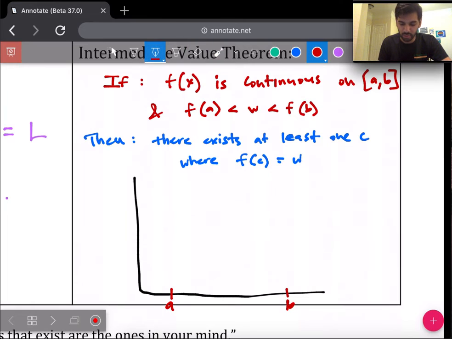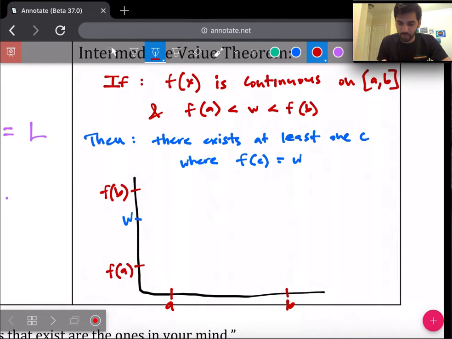So if I already have a and b on the x-axis, then I need to have f of a and f of b on the y-axis. I drew them like this because it's telling me that f of a is less than f of b, and there's some w in between there. So I'm going to mark this w somewhere in here.